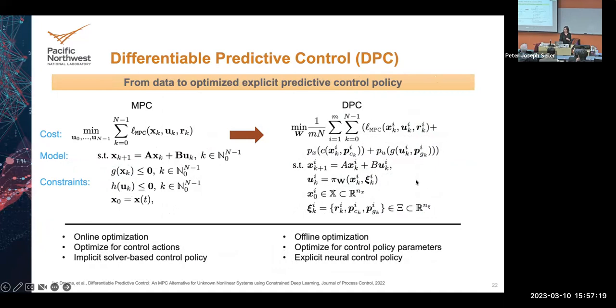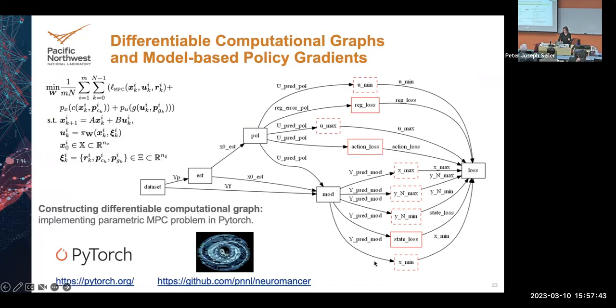All the computations are happening offline, so there is a lot of compute that has to be there to enable this, but it's an offline approach. Once we have the policy, we can simply transition it to an execution stage where you simply evaluate this policy without worrying too much about the compute time that is necessary. So you have an explicit solution.